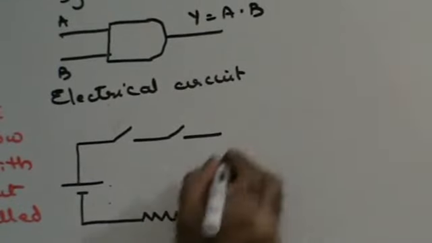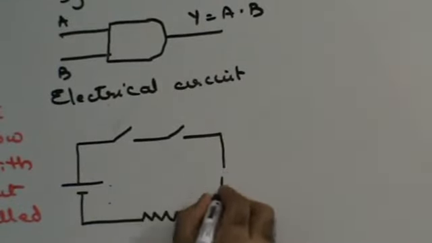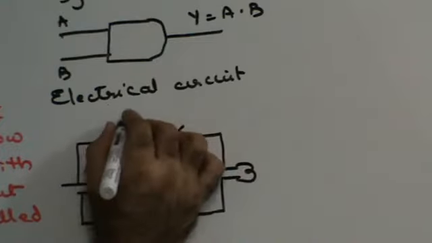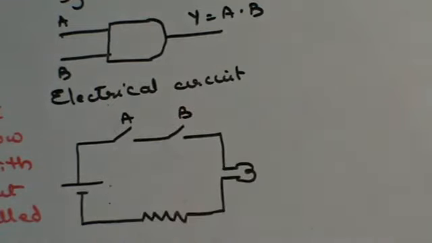Resistance, and you have your filament here, which is your output. This is A, this is B, this is your filament output Y. That's your electrical circuit for an AND gate.